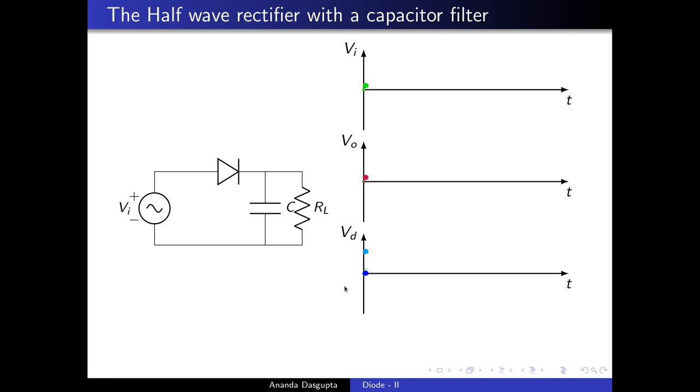And notice what happens as the voltage keeps on rising. Of course, as the input voltage keeps on rising, the capacitor voltage follows suit. As the capacitor voltage rises to keep step with the input voltage, the diode current dies down. And now the input voltage has reached its peak, and so has the capacitor voltage.